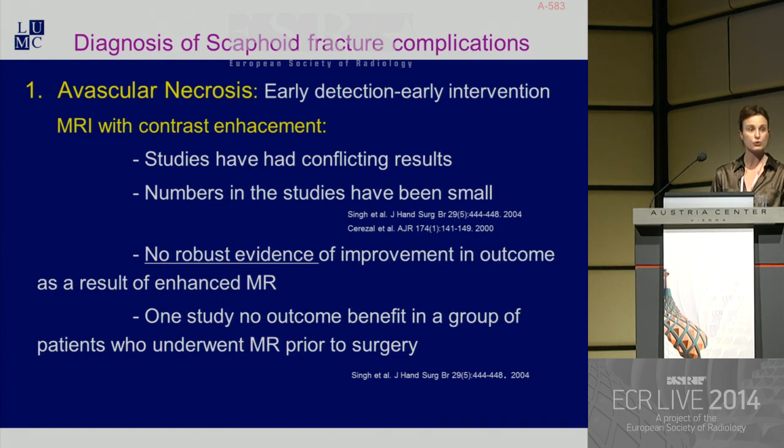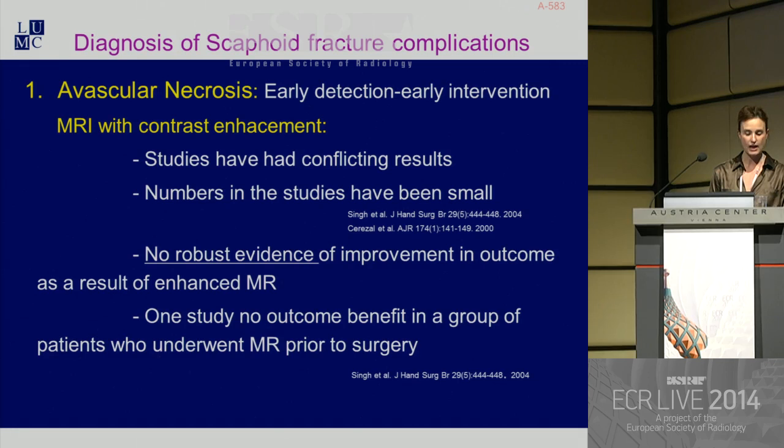The idea is that if we find the avascular necrosis at an earlier stage, we can try to treat it also at an earlier stage. Nowadays, I think the MRI with contrast enhancement is the method of choice for the diagnosis of the viability of the proximal pole of the scaphoid.